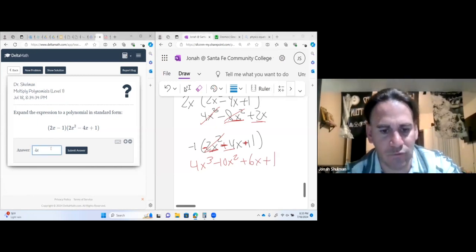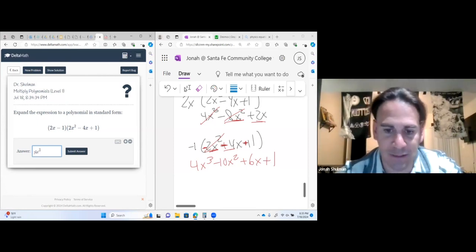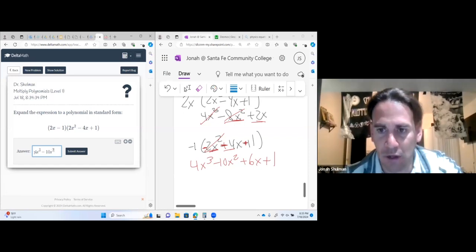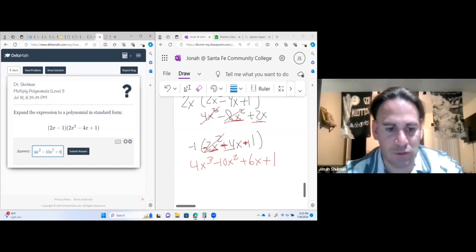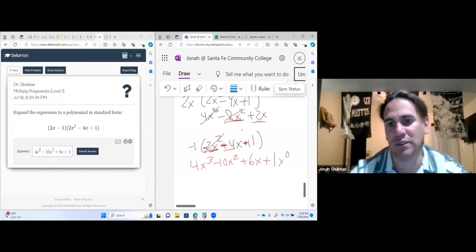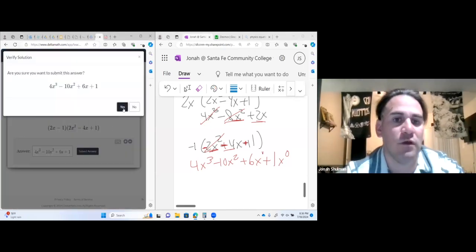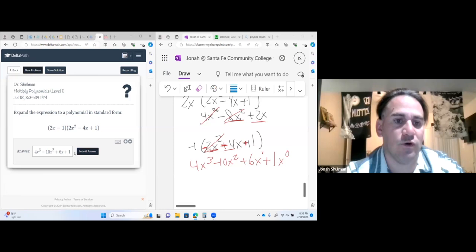When they say standard form, it just means they want it in descending order: the highest exponent first, then the second highest. This one is 6x to the 1, and this plus 1 you can think of as x to the 0. So 3, 2, 1, 0 is what they mean by descending order, and that's what they mean by standard form.